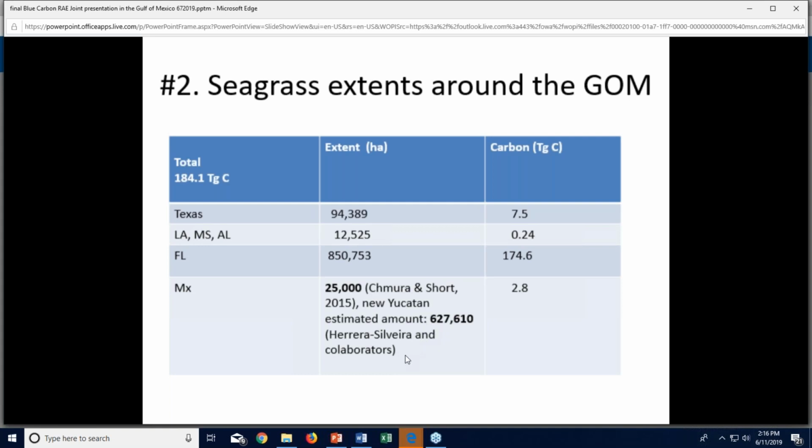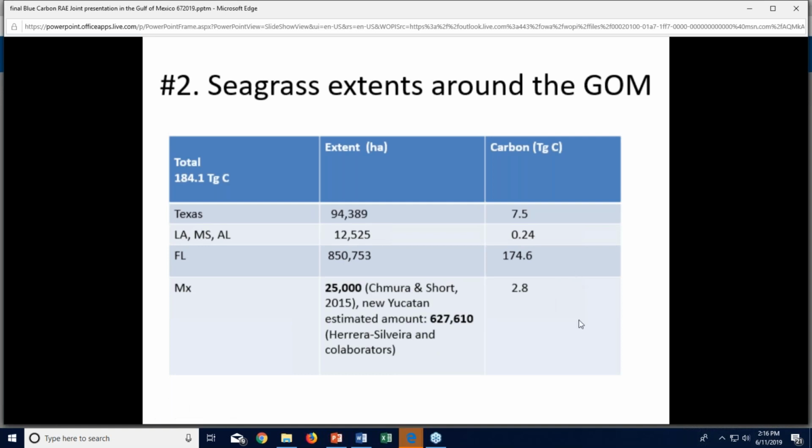So, number one, we're expecting numbers to change as more investigations happen. And number two, we understand that some of these, when it's turbid, are much less well documented than others.